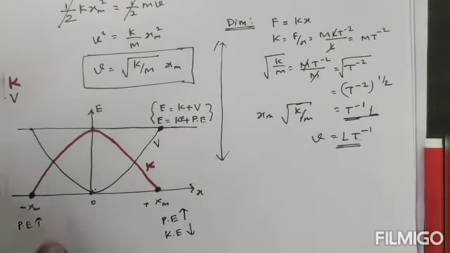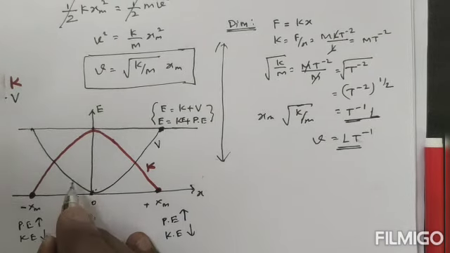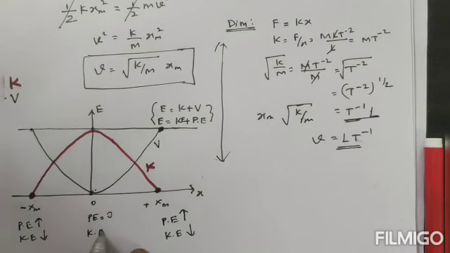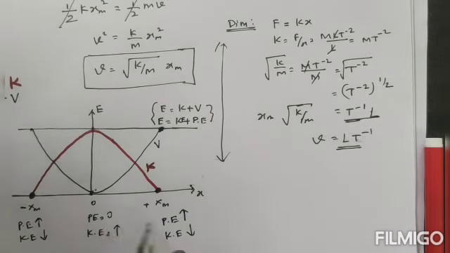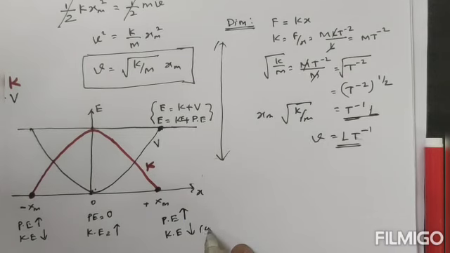So potential energy is maximum and kinetic energy is minimum or 0. But at the center, potential energy is 0, and kinetic energy, red color, is maximum. Here it is minimum or 0, and here also minimum or 0.